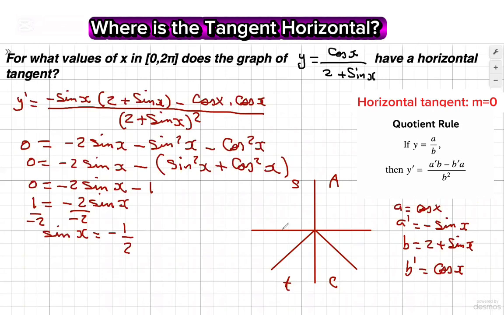Also, what we need to remember here is our special angle triangle. So I'm just going to draw that right here. So here's the 30-60 degree triangle: 1, 2, square root of 3.